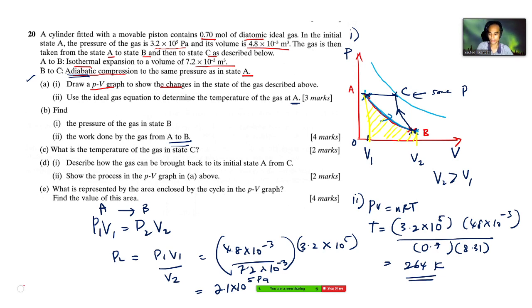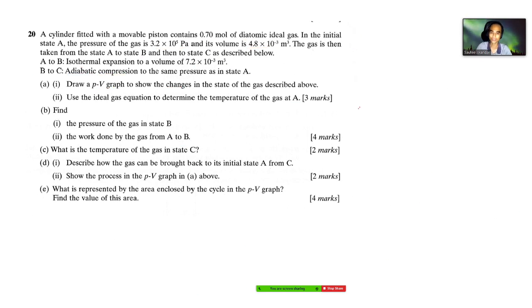The equation method is, where can I put my drawing? Here. So number 2, you can use W equals nRT ln V2 over V1. Actually, this is a derivation of the area under the graph.